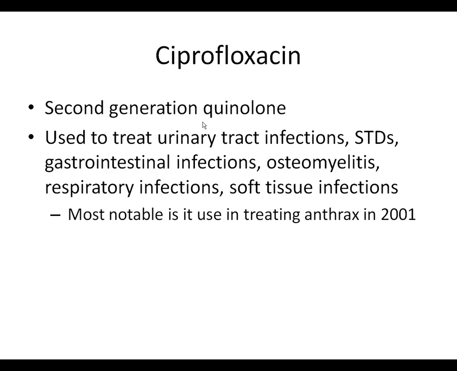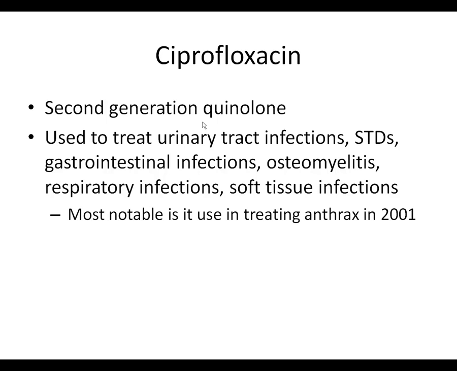Cipro probably made its greatest appearance on the national stage when it was used to treat the anthrax scare in 2001, when anthrax was mailed through the post office. People that were potentially exposed were prophylactically treated with ciprofloxacin.